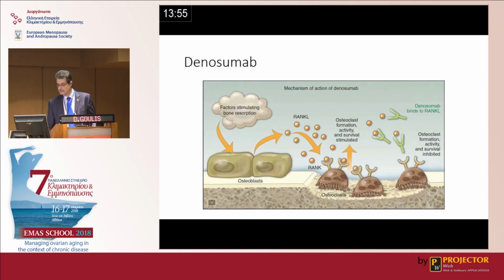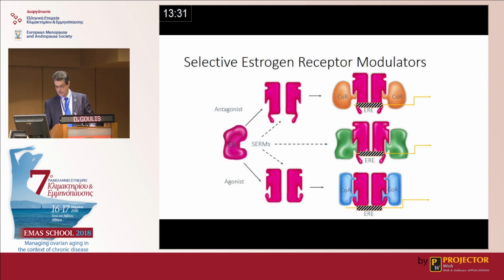Denosumab has a completely different action. The RANK ligand is actually the crosstalk substance between osteoblast and osteoclast, and denosumab binds to RANKL, so it interrupts this crosstalk, and the overall result is an inhibition in osteoclast formation, activity, and survival.